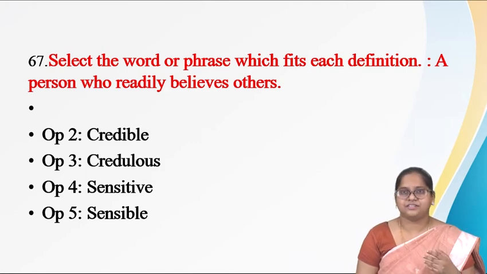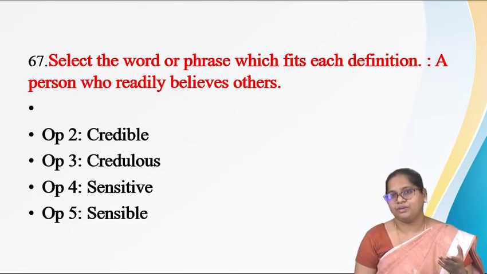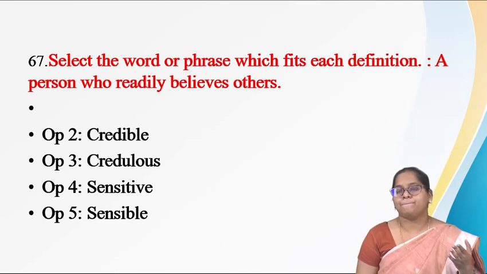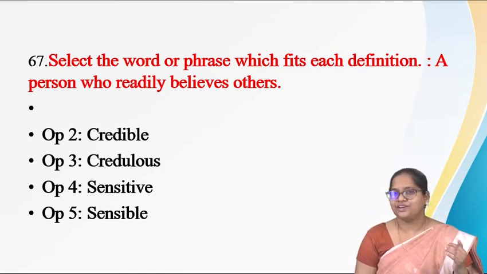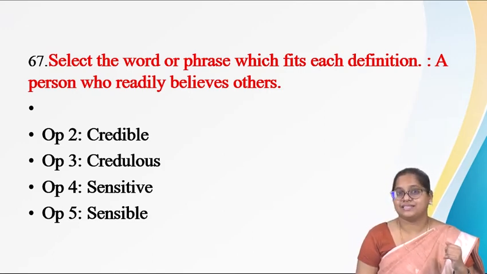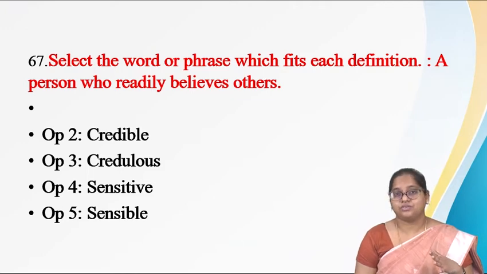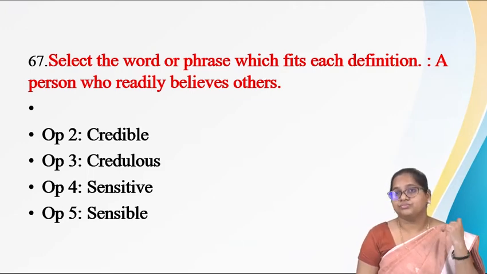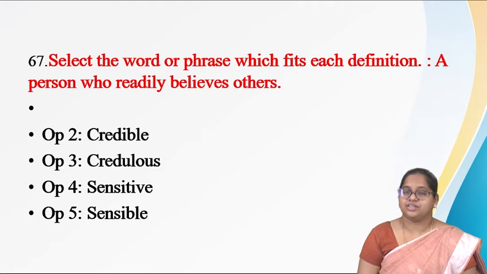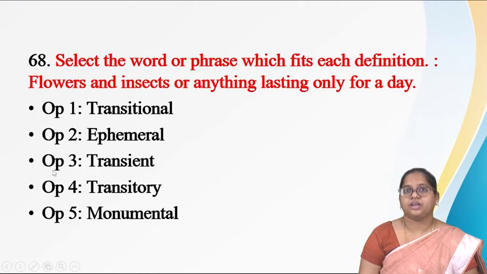Option 4, sensitive: a sensitive person has a way to react and respond and has presence of mind, but may not be true in terms of believing others. Option 5, sensible: very sensible, very logical. So option 3, credulous, is the right answer.